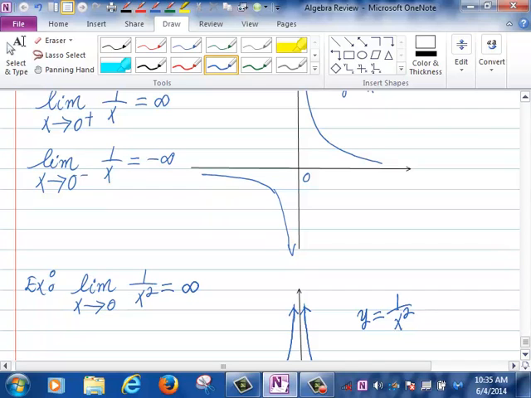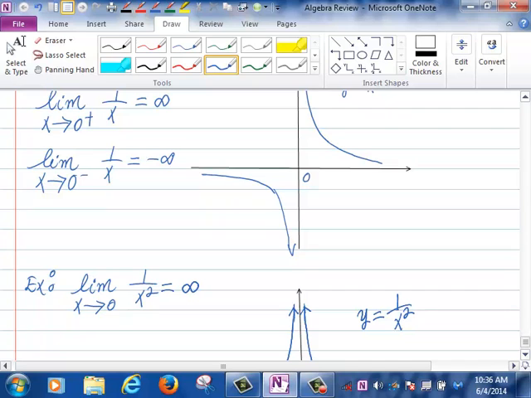For example, if you divide 1 by, say, 0.001, what do you get? You get 1,000, right? So if you divide 1 by smaller and smaller numbers closer to 0, then you get bigger and bigger numbers. Right?